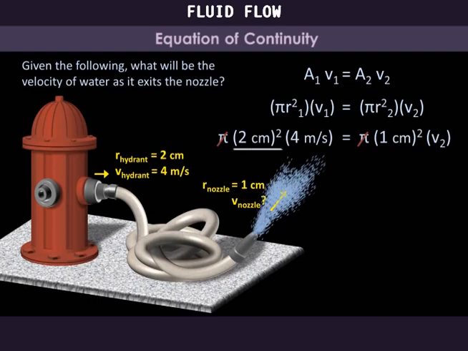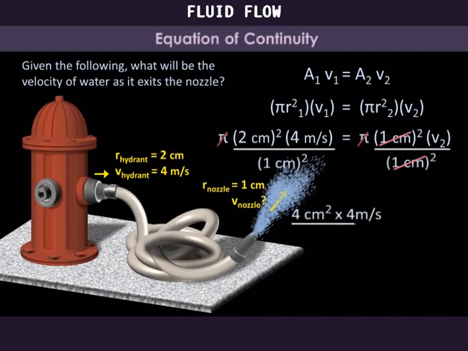We divide both sides by 1 centimeter squared. So we shall have 4 centimeters squared times 4 meters per second over 1 centimeter squared is equal to V2. Centimeter squared cancel out and V2 is equal to 16 meters per second.